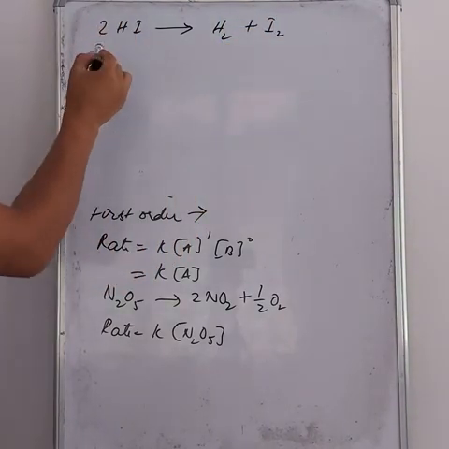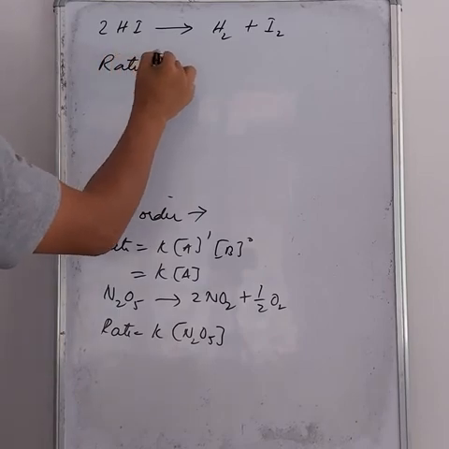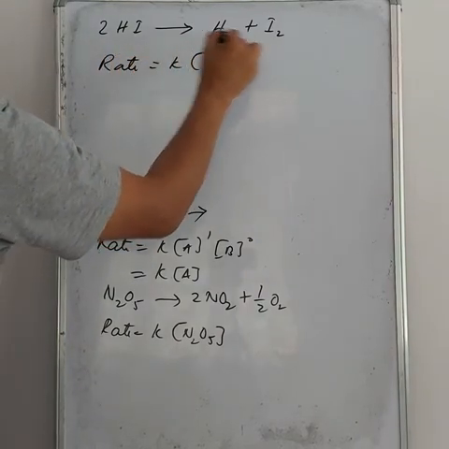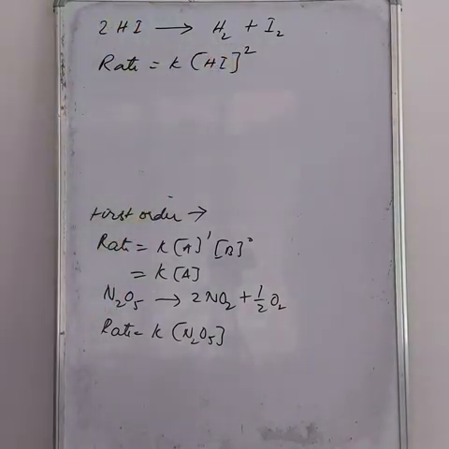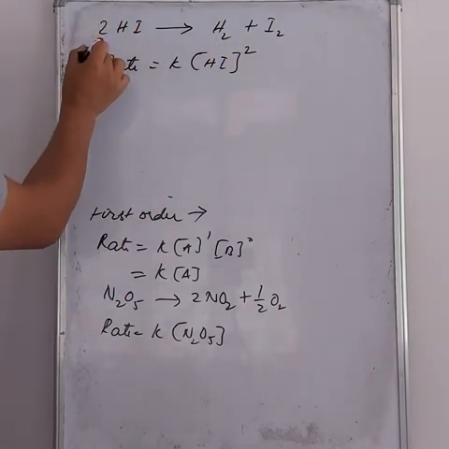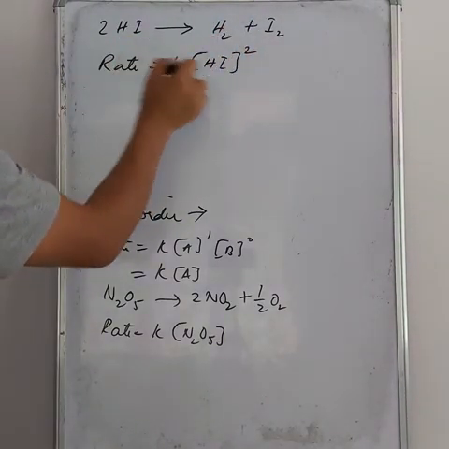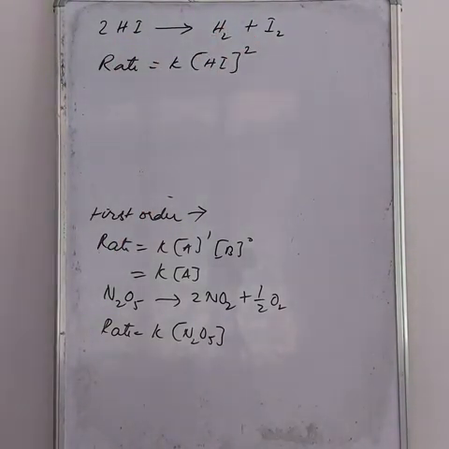The rate for this particular reaction would be K into the concentration of hydrogen iodide squared, because 2 moles of hydrogen iodide are decomposing. So for this reaction, the order is 2, or it's a second order reaction. In the next video, we'll discuss the integrated rate law.